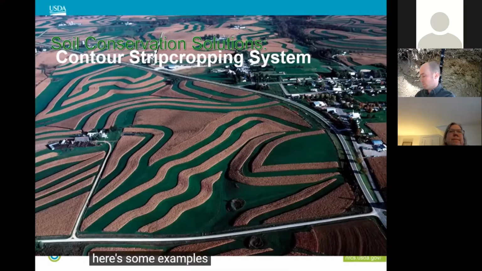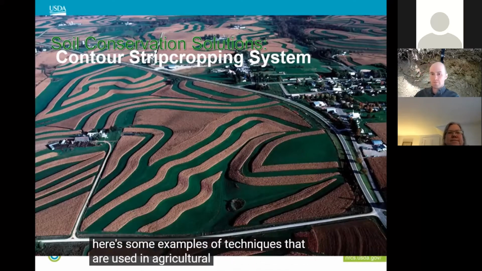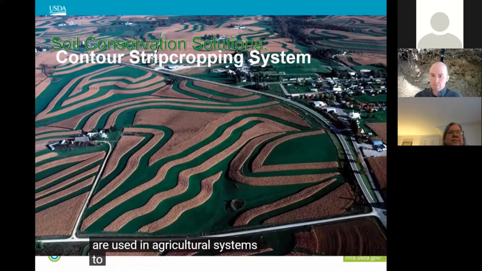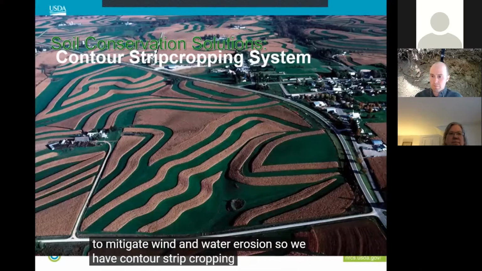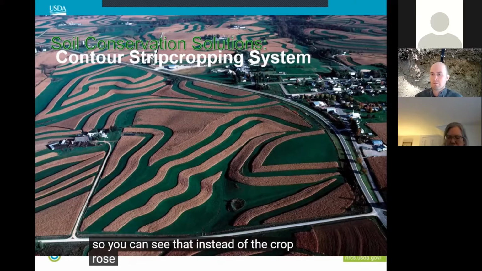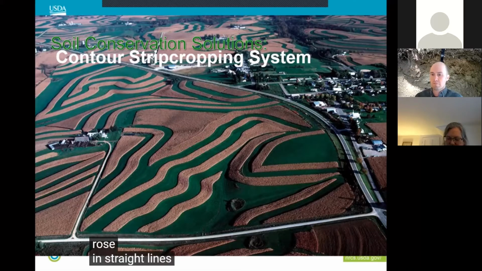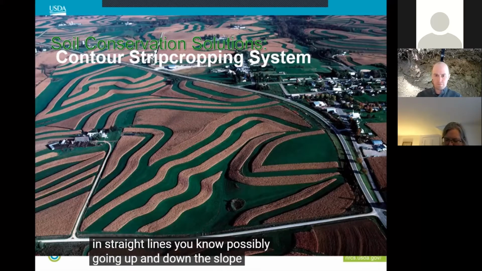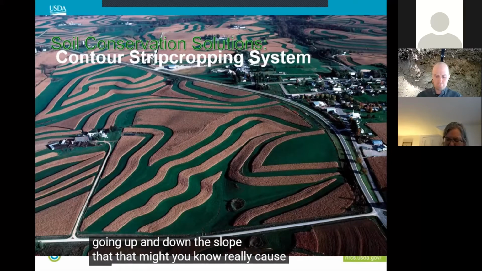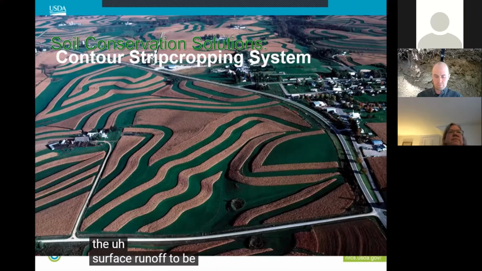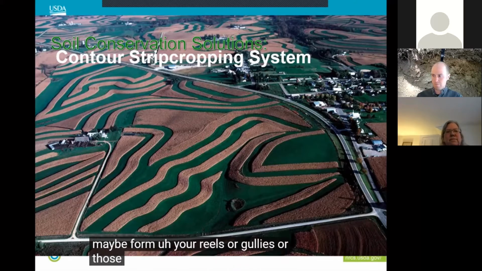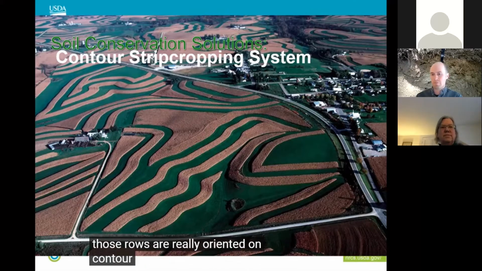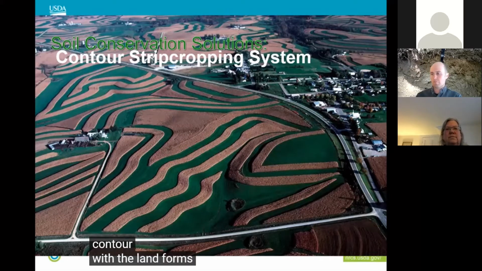Here are some examples of techniques that are used in agricultural systems to mitigate wind and water erosion. So we have contour strip cropping systems. You can see that instead of the crop rows being in straight lines, possibly going up and down the slope, that might cause the surface runoff to be channelized and maybe form rills or gullies, the rows are really oriented on contour with the landforms.